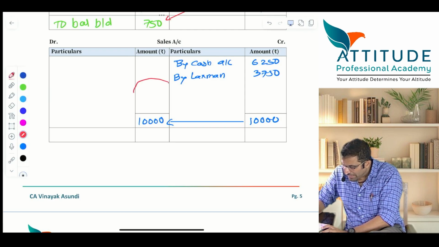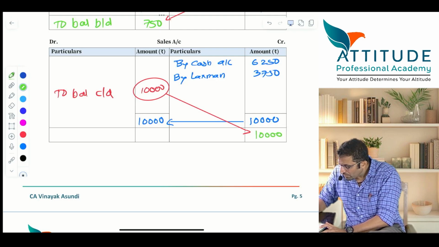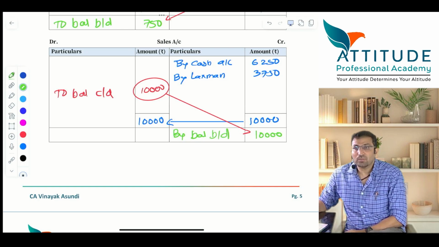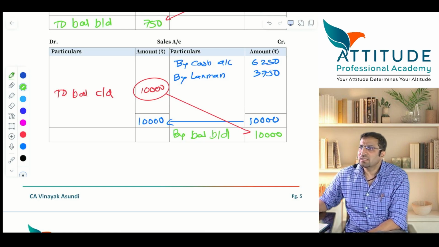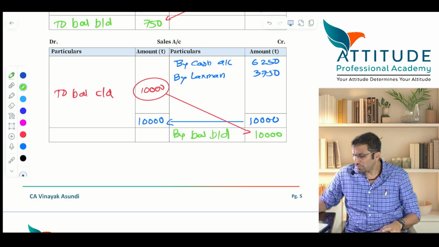So the entire balance will be correct. And what should I write here? Very good. And this balance will be by balance. Is that clear? Have you all done?